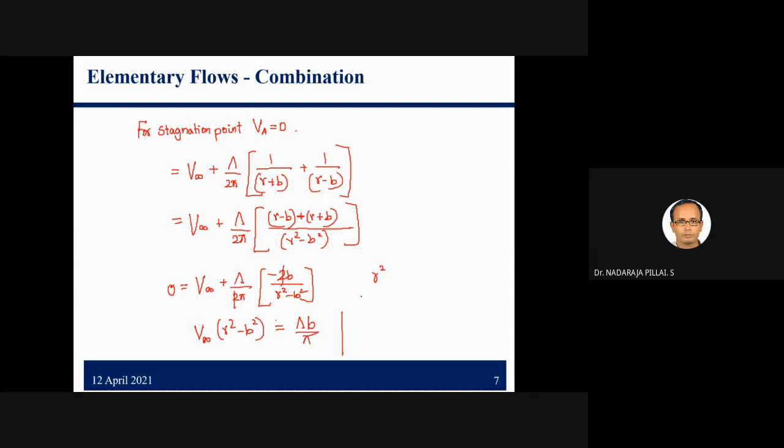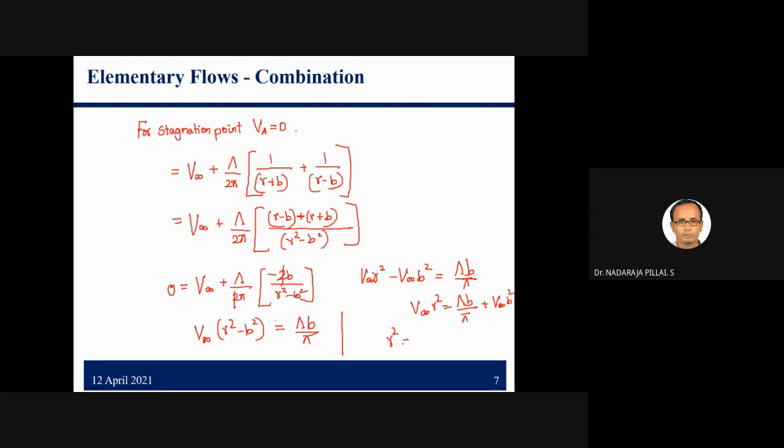Can you calculate R square? So V infinity R square minus V infinity B square is equal to lambda B by pi. So V infinity R square equals lambda B by pi plus V infinity B square.